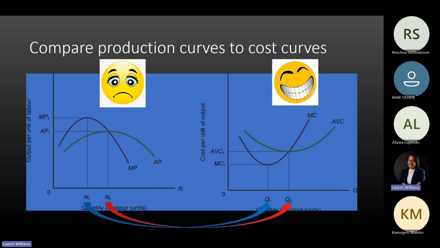So when we're looking at a comparison now, we're looking at the comparison between our total product, which essentially means our revenue, okay, versus our cost curves. So they kind of look opposite to one another. Our total product curves are sad faces versus our cost curves that are happy faces, they're U-shaped.